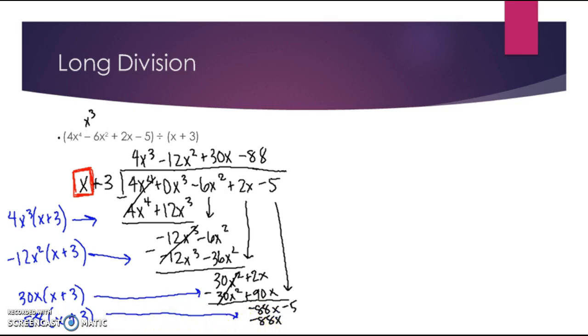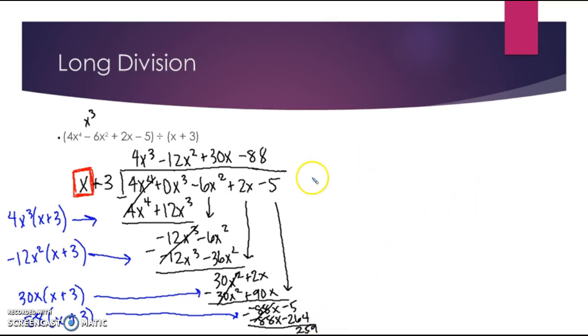And then negative 88 times 3 is negative 264. And then we subtract. First ones cancel. Negative negative becomes a positive. So negative 5 plus 264 is going to give us 259. I have nothing else to bring down, so I have nothing left over. I do have something left over. I have a remainder of 259.